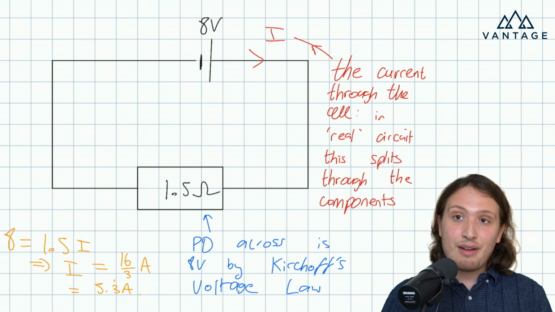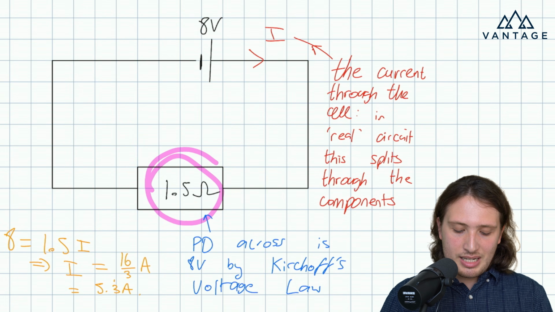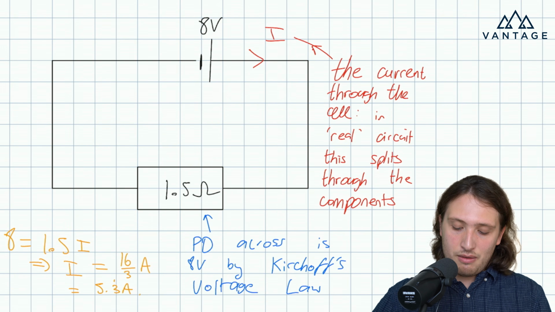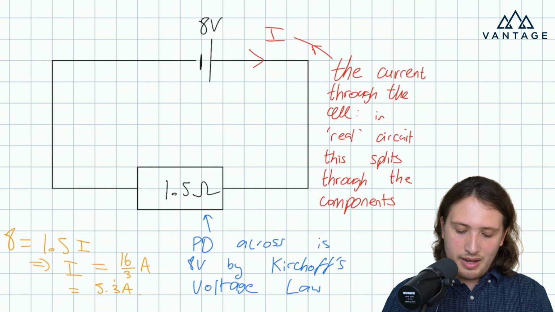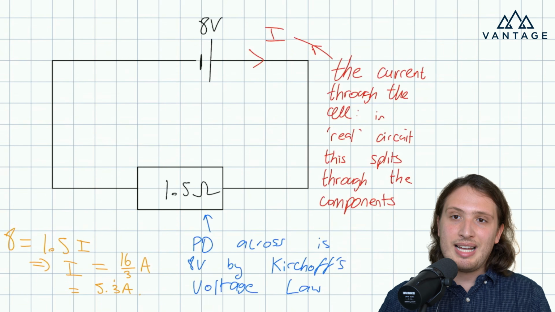The current, because everything's in series in this imaginary construction, the current through this component is the same as the current that flows through the cell. Of course, in the real circuit, that current I splits up on these branches. So the current that I'm going to find, the I, is the unsplit current that was flowing through that cell.